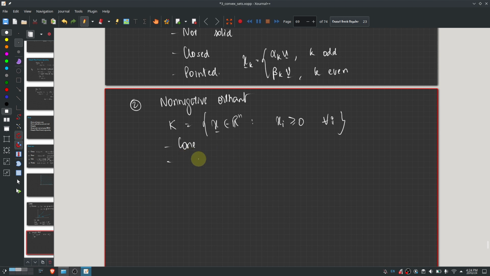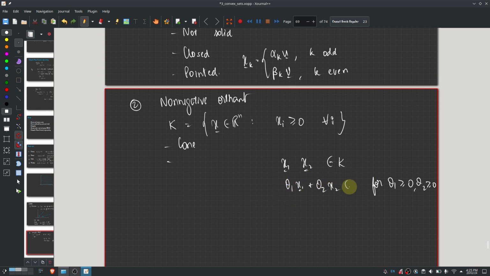You take any x1 and x2 in K. So all the entries of x1 are greater than or equal to 0. All the entries of x2 are greater than or equal to 0. So if I take any theta 1 x1 plus theta 2 x2, for theta 1 greater than or equal to 0 and theta 2 greater than or equal to 0, then obviously all the entries of this particular linear combination should also be greater than or equal to 0.